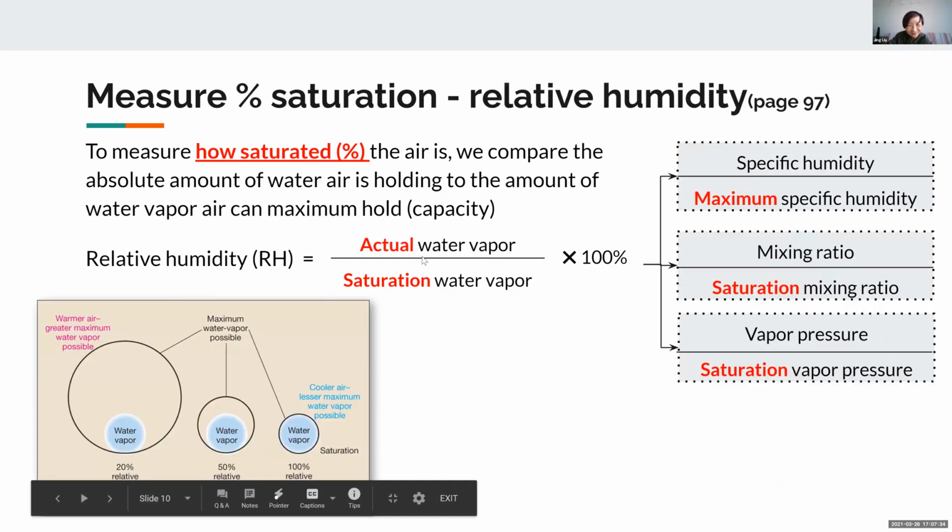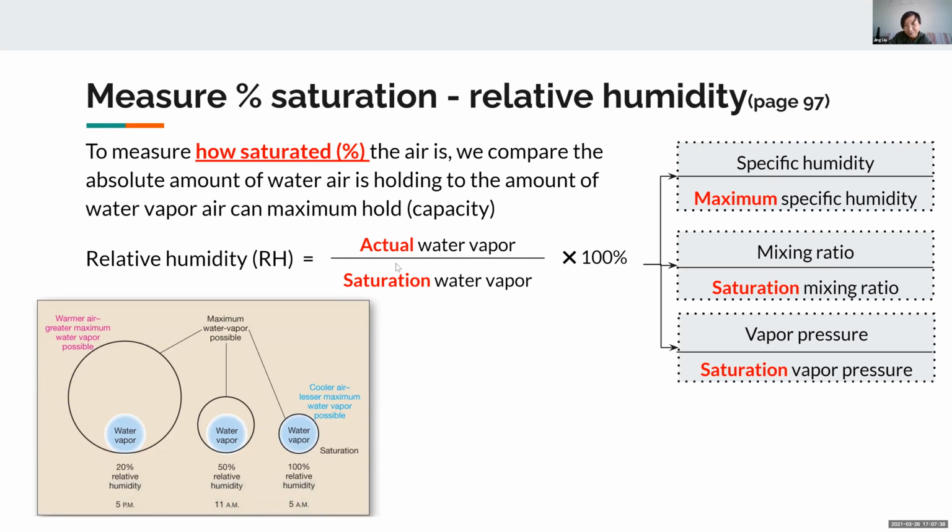Then, when you know the full capacity, you need how much actual water vapor is held in your air. When you divide the actual by the capacity, times 100%, you have your relative humidity.